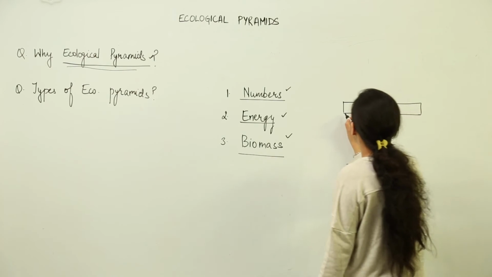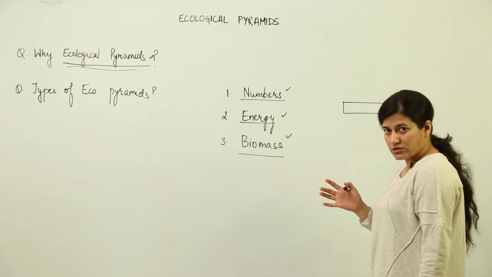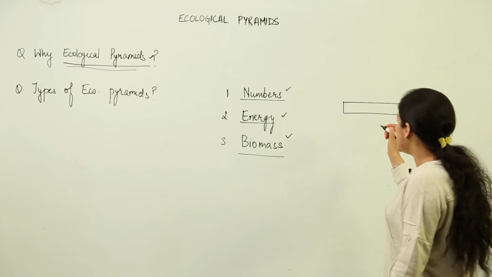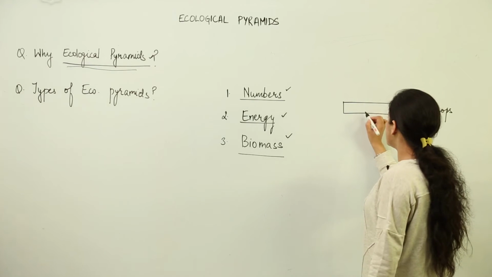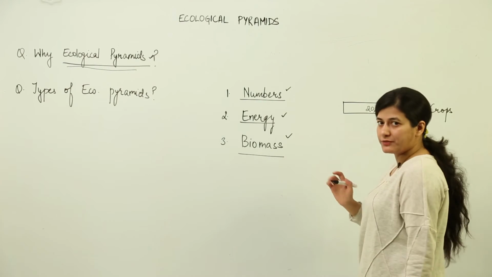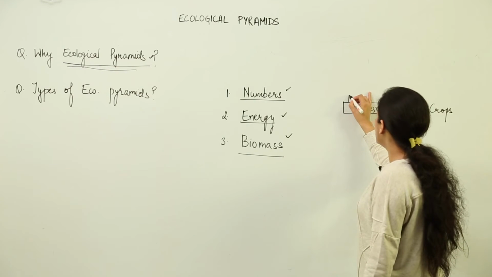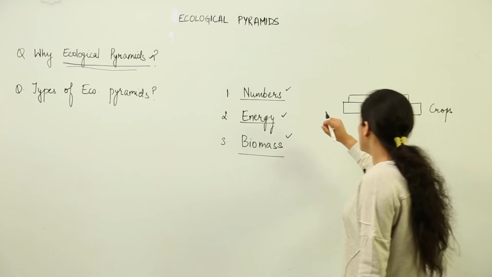Supposedly you are considering a small field. Take for example, you have a field ecosystem. The producers would certainly be the crops. Supposedly I have 20,000 crop plants in a given field. On those, there would be a few primary consumers thriving on these producers.